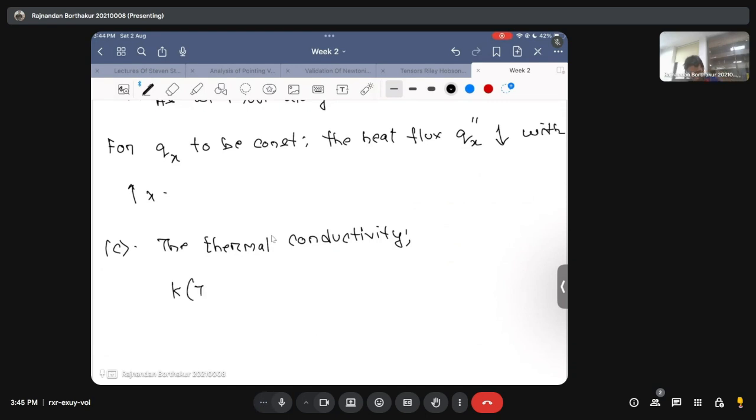So K, which is a function of temperature, is like k naught minus a times T.